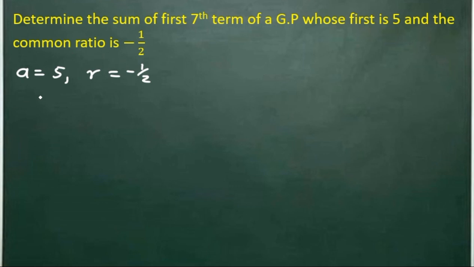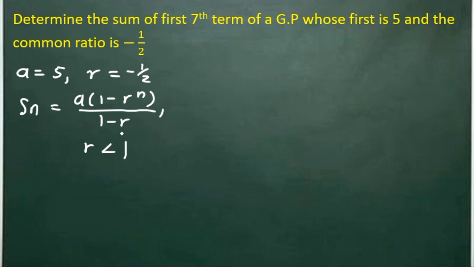So the Sn for this series is going to be a into bracket 1 minus r to the exponent of n, divided by 1 minus r. In this case, r is less than 1, so that's why I'm using this formula.